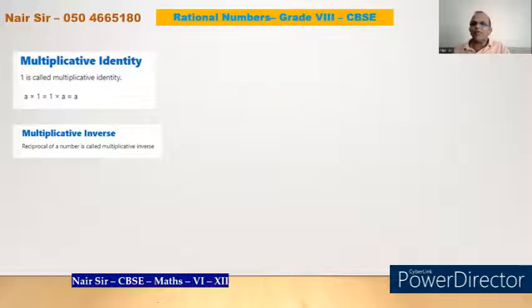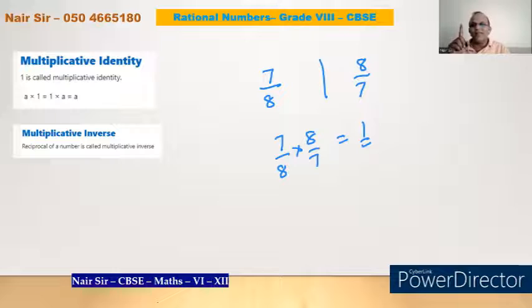Now if I am asking you for 7 upon 8, what is the multiplicative inverse of 7 upon 8? What is the reciprocal of 7 upon 8? The reciprocal of 7 upon 8 is 8 upon 7. Let me recheck. What do I get? 1, because 1 is the multiplicative identity. And 0 is called the additive identity.